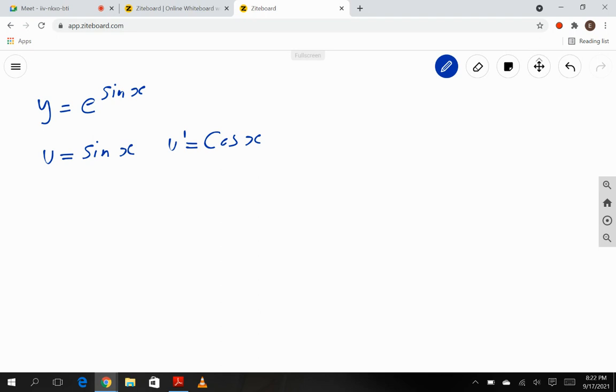That's great, huh? Then we say what's our dy dx. So our dy dx is going to be e to the power u times u prime. Of course, it can be ln e, but that's going to be 1, so it doesn't serve any purpose, like we've discussed earlier on. So we're going to say e to the sine x, multiply by cos x.